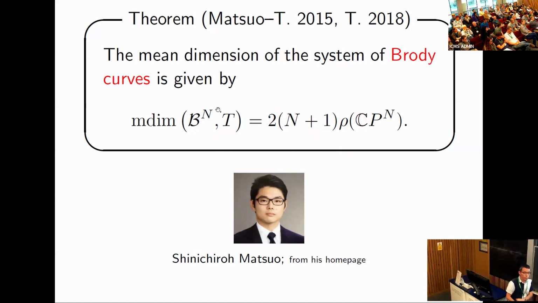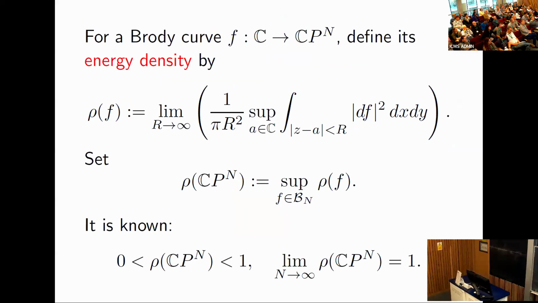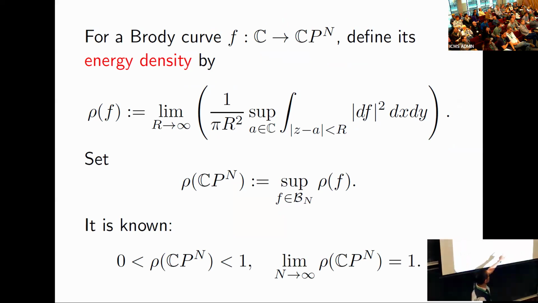Okay. Can you go back to the previous slide? So for this rho of CP^N, do you know which F realizes it, or is it realized? It's a non-trivial question, but there exists some Brody curve F attaining the supremum. So this is actually a maximum, but it's not a trivial fact because this rho F is not a continuous function.